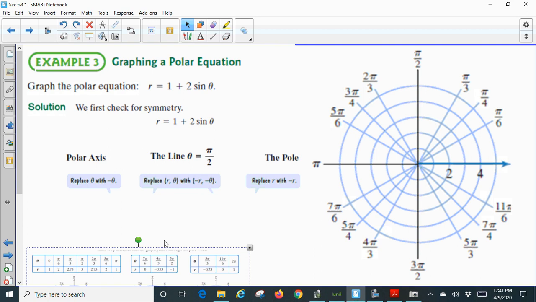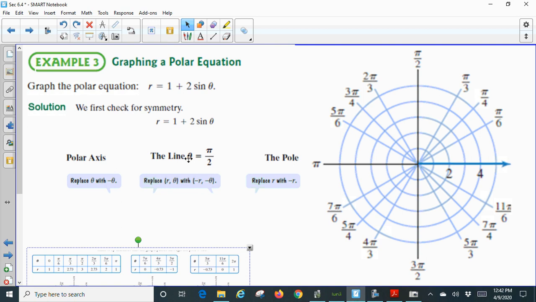If we check for symmetry and replace theta with negative theta, if you'll recall, sine is odd, so the sine of negative theta would be the opposite of the sine. This would become 1 minus 2 sine theta, and it would not have polar axis symmetry. If we replace r and theta with negatives to check for a line over the y-axis, we get negative r and negative 2 sine theta, and again it fails the test.